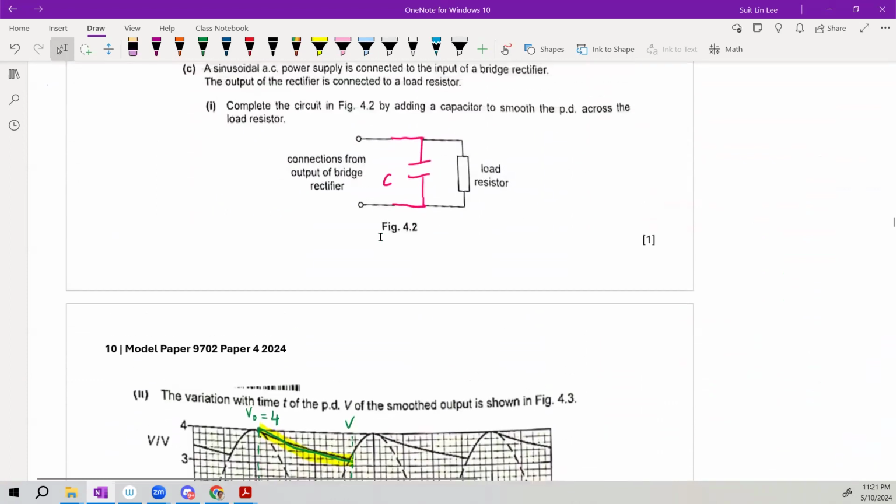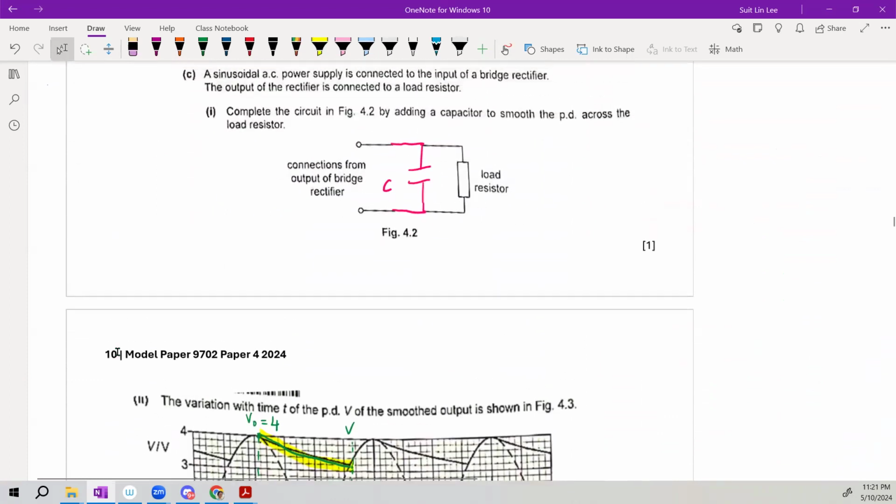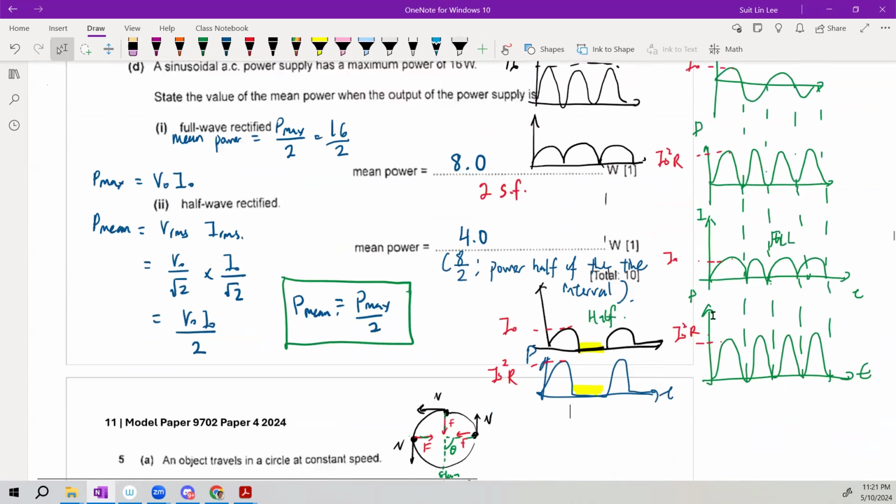That's my resistor now. So it's constant, but constantly zero. Power is not constant.